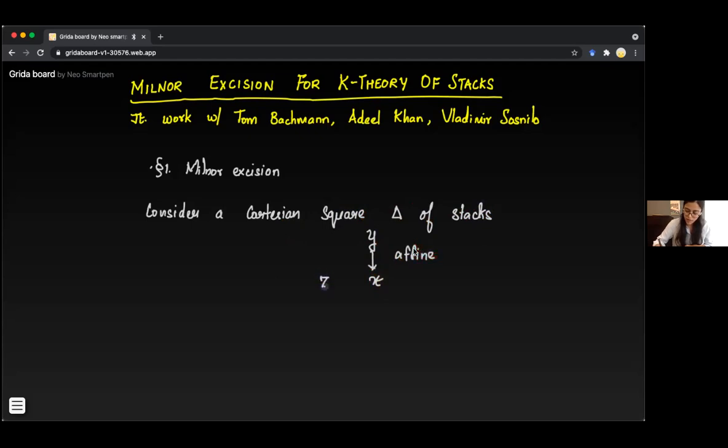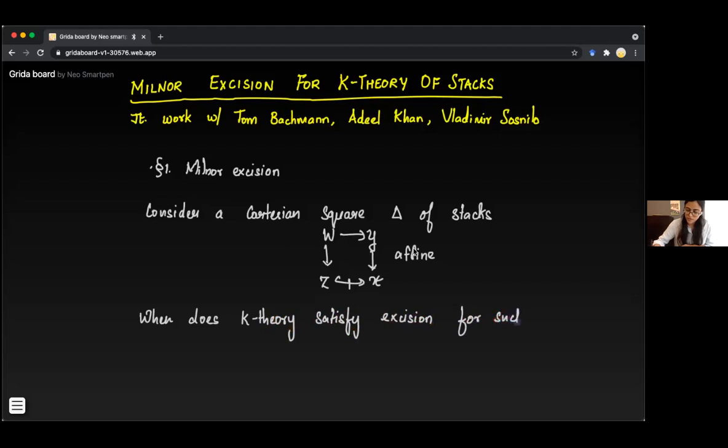And then you have some closed embedding sitting inside this and the pullback of this. And the question that in general we would be interested in this part of the talk is when the K-theory sends such a square to a Cartesian square. So when does K-theory satisfy excision for such squares?